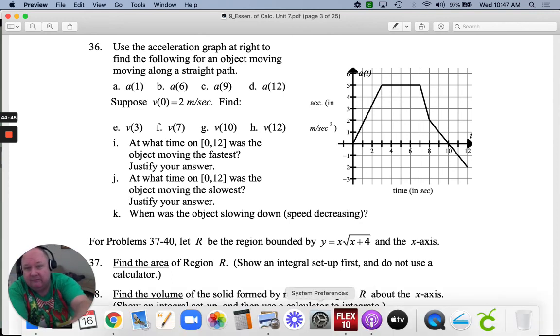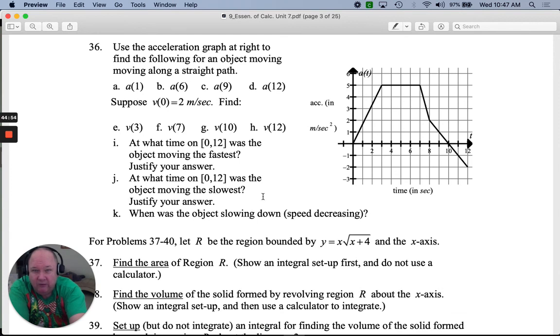J. At what time was the object moving the slowest. And then you could see down here, right, at 12 is when it was moving the slowest. Well, at 0, wait a second. So if I look at the ends, at the very beginning it was going 2 meters per second.